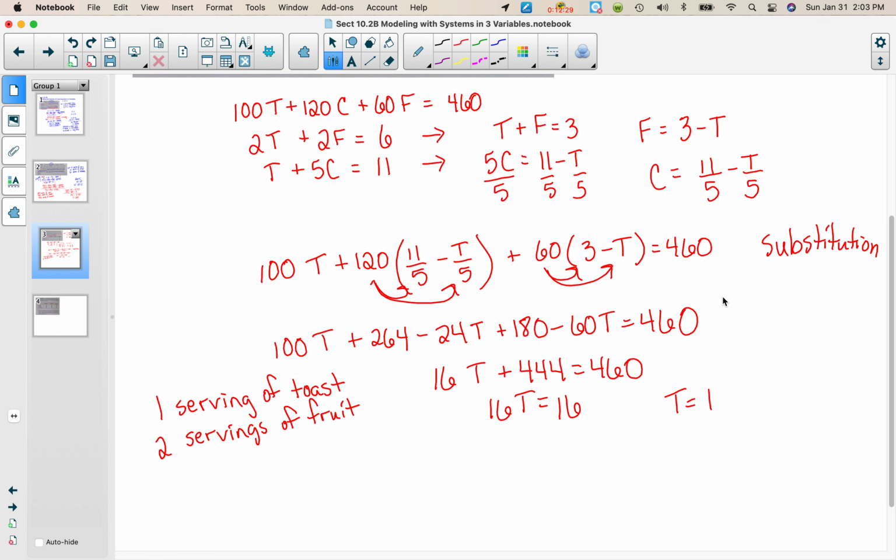And we know that if we plug in a 1 here, 11/5 minus 1/5 is 10/5, which equals 2. So 2 servings of cottage cheese. So notice how I did that problem a little differently because of what was given to me. You didn't have to do it that way, but that's the way that I chose to do that.